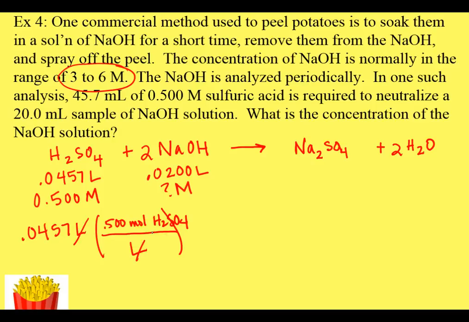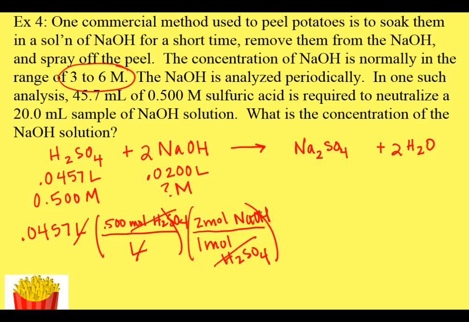I'm looking for sodium hydroxide, that is my B in terms of the stoichiometry. So the mole to mole ratio would be 2 moles of NaOH for every 1 mole of H2SO4. That allows us to cross out our moles of H2SO4.